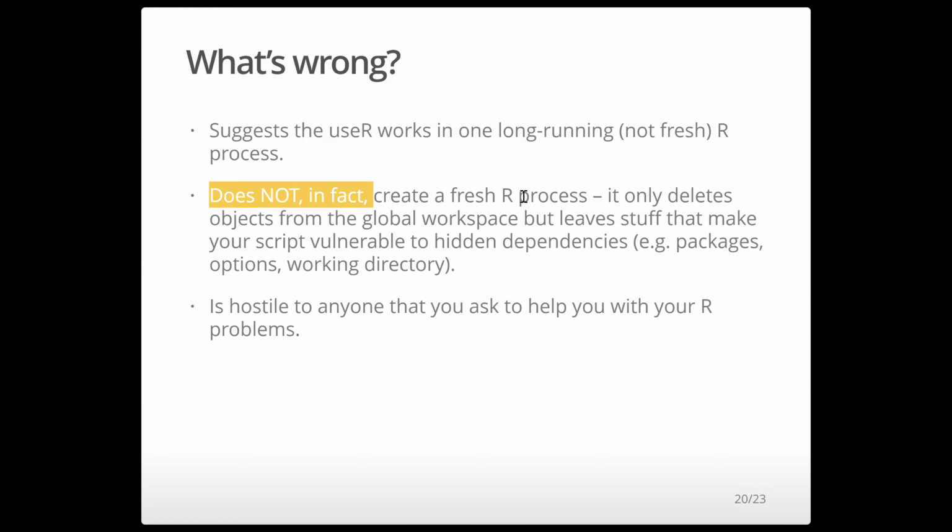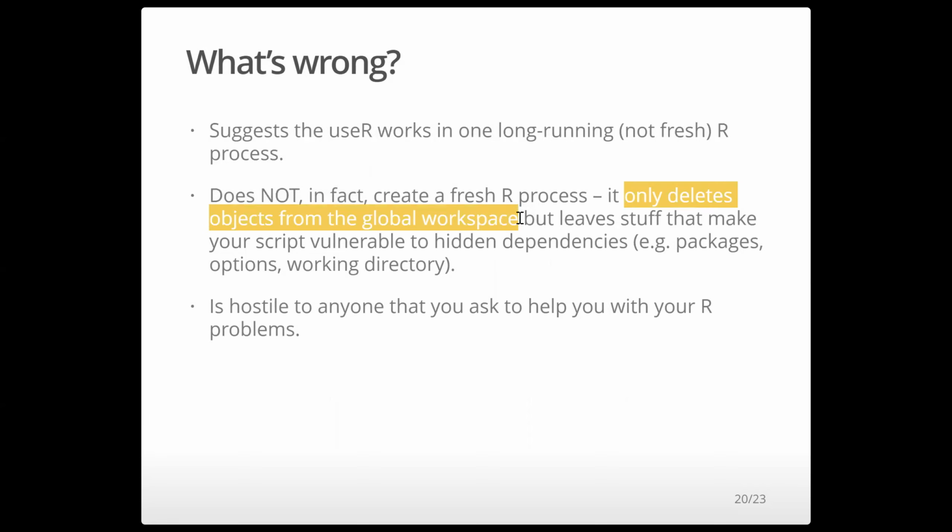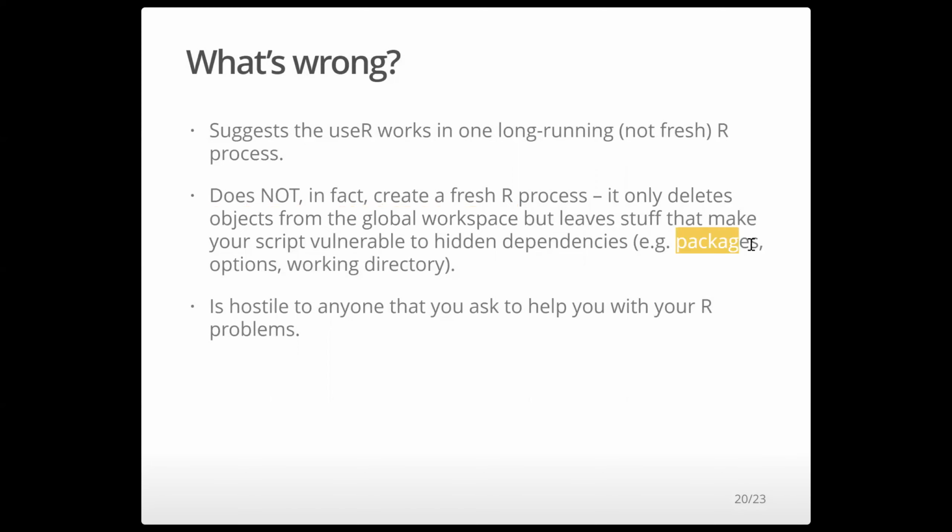It will only delete objects that were created and are stored in the global environment, but it will not, for example, detach packages that were attached. Or it will not reset options that were set, like set working directory if you do it globally, and it will not change the working directory. So it is probably not accomplishing what you think it might accomplish. So remove list is not the way to create a fresh process.